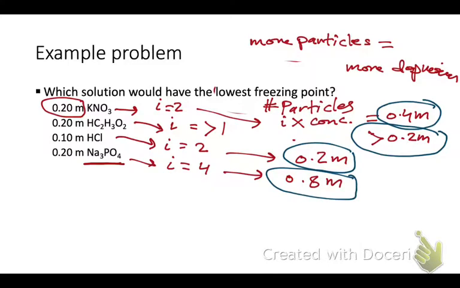The higher the number of particles, the more depression. So which one will have the lowest freezing point?